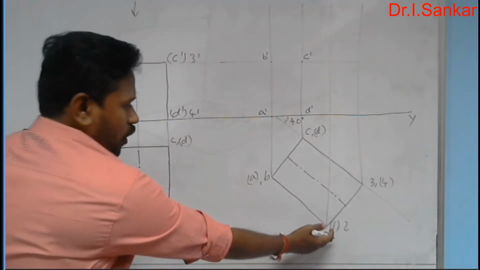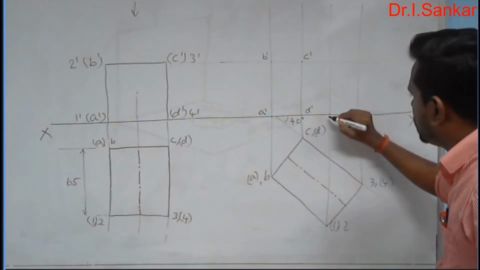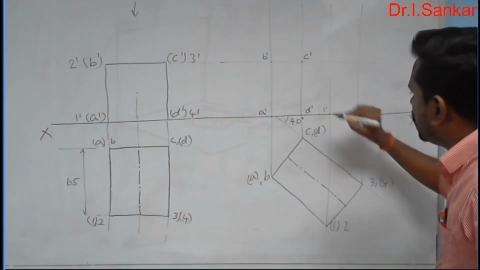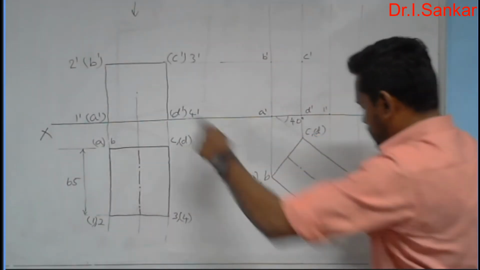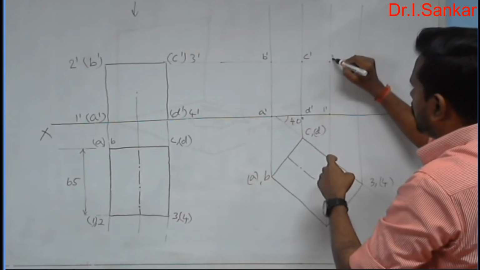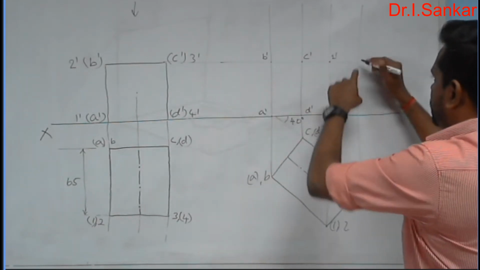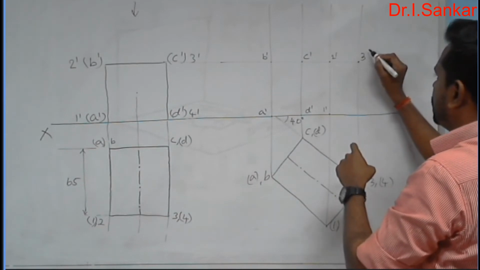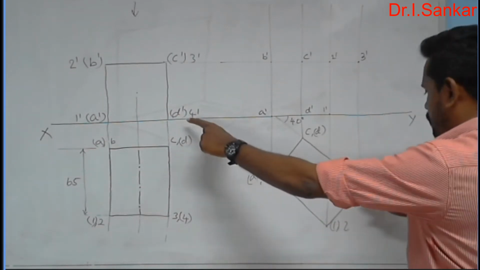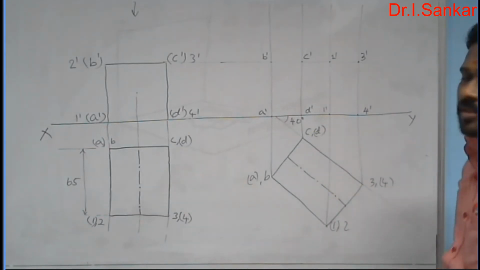And now face corners. 1 dash, 1. Here. 1 dash, 2 dash, 2. 2 dash, 3 dash, 3. 3 dash, 4 dash, 4. 4 dash.